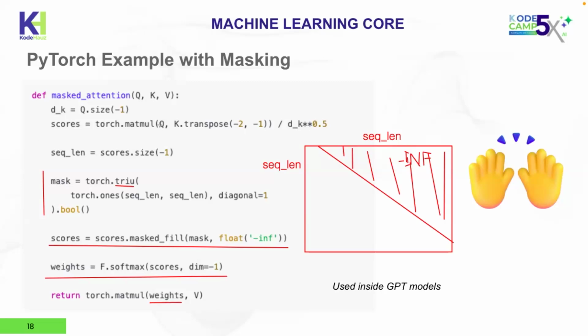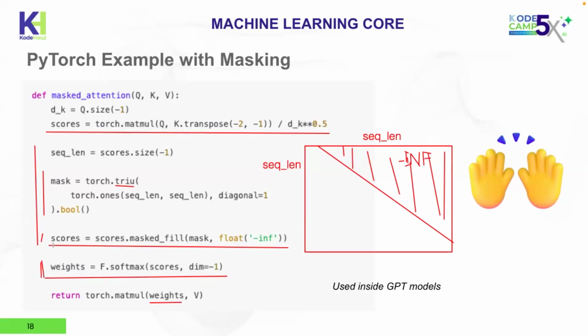Remember, this weight matrix is gotten from the standard matrix multiplication of Q and K transpose, divided by the square root of dk, which is dk raised to the power 0.5. So you get the scores, and all of this is basically for you to calculate a mask. Here you apply the mask to the scores. Here you use softmax.